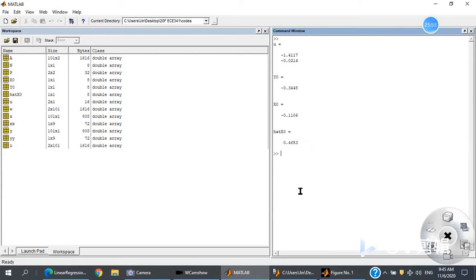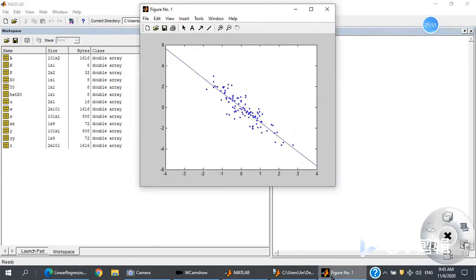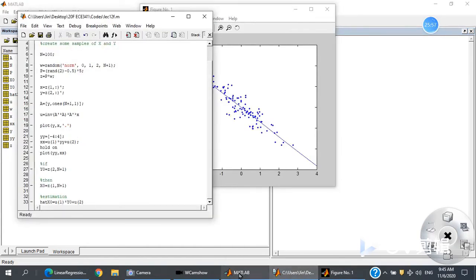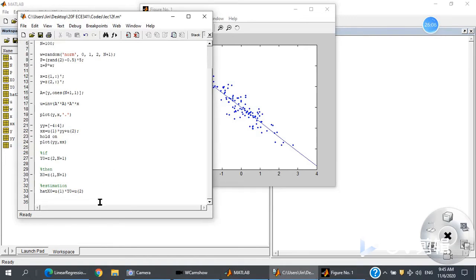Alright, I have this. And those, okay, y0 is this one, x0 is this one, but the estimate is, oh, not so good, but if we put it in the graph, you can see how it looks. Let me also plot this, y0, then x0. I use a diamond for it.